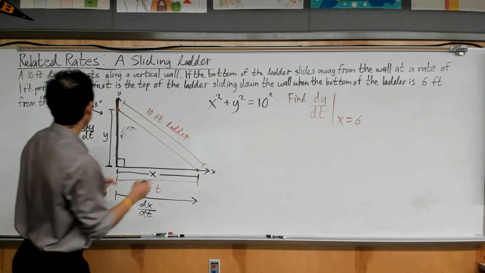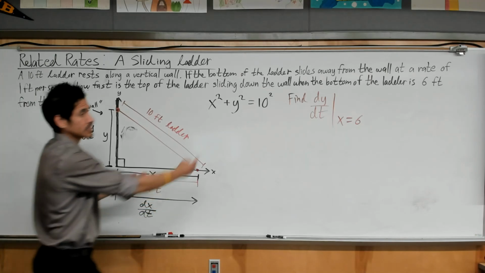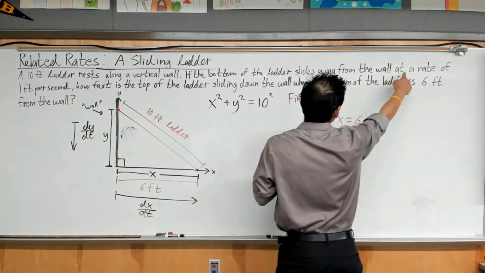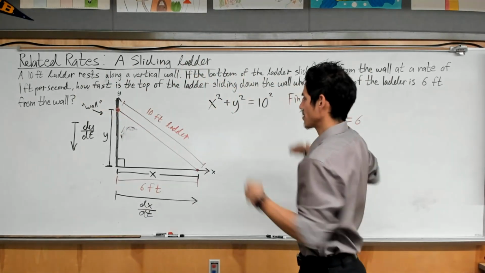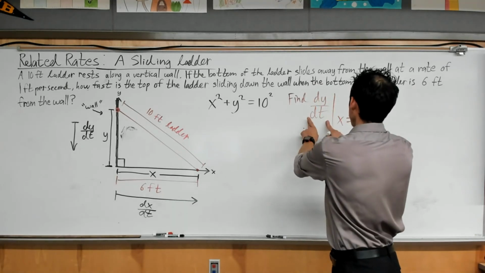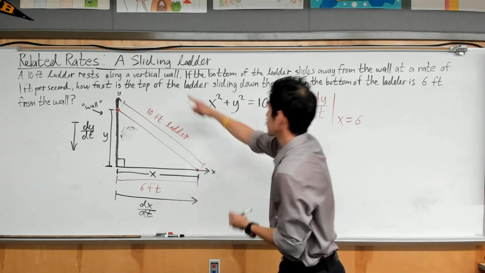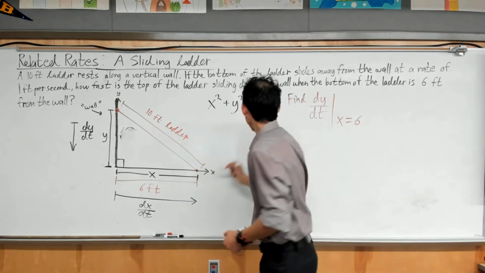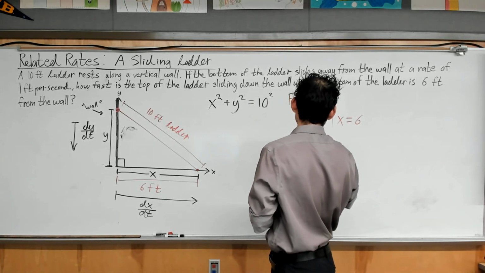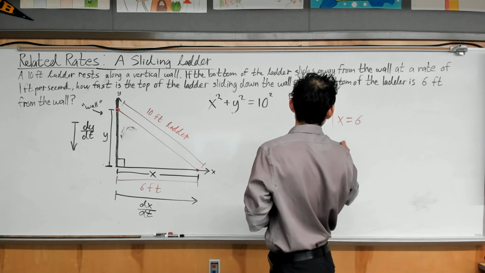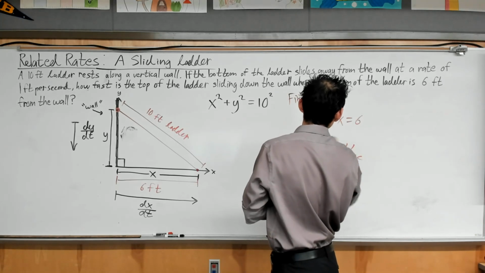We're given that dx/dt is 1 foot per second, because it says it's sliding away from the wall at a rate of 1 foot per second. So dx/dt is 1 foot per second.